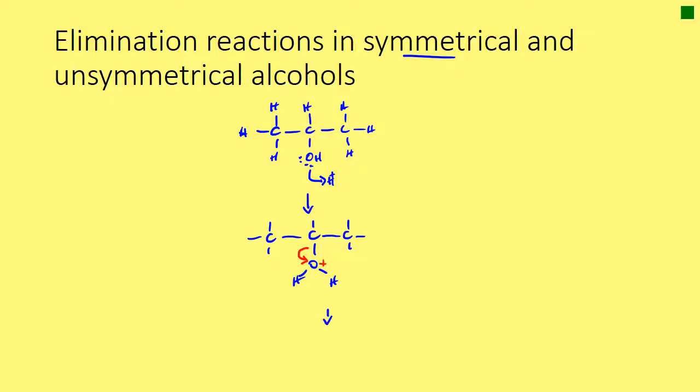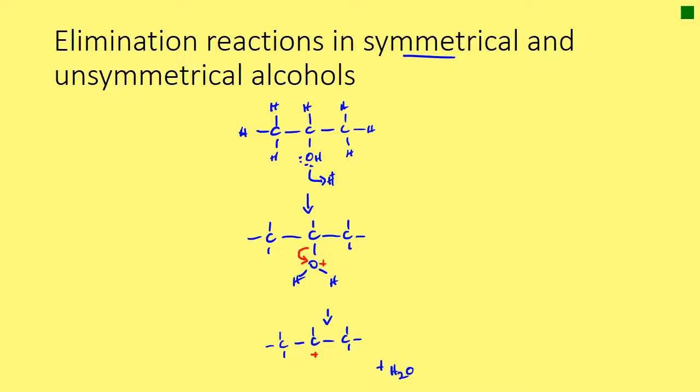Let's draw those out again. Just draw the water molecule off down there, and put our +1 formal charge on the carbocation now, because those electrons have gone. One of them used to be the carbon's, now it's gone.